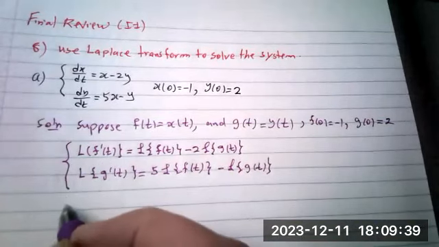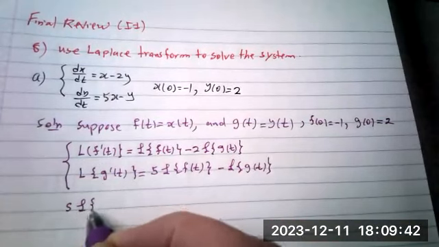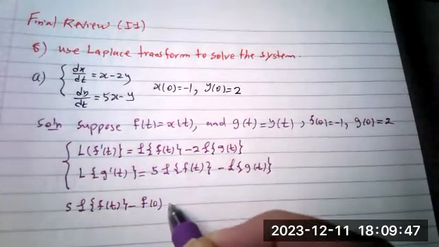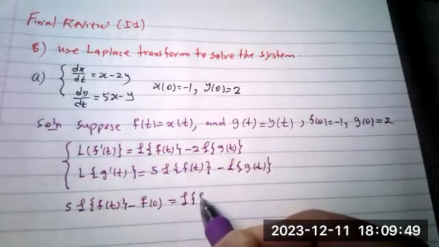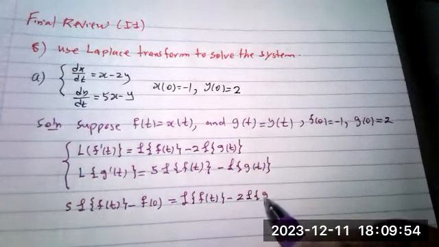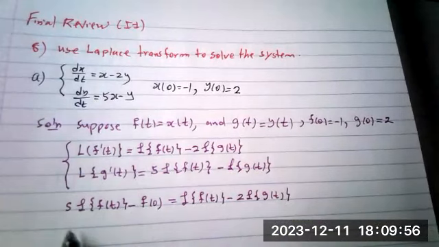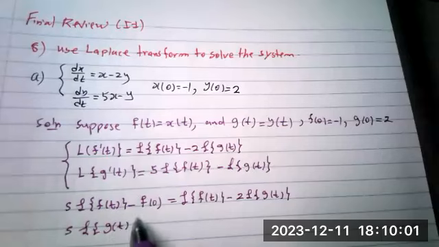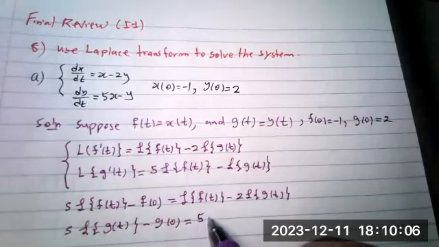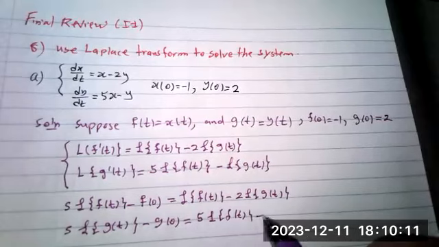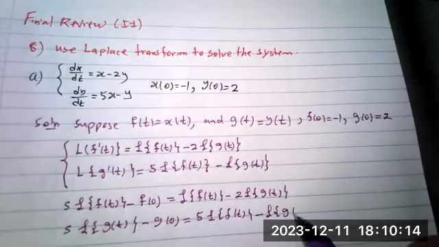The first one would be s Laplace of f of t minus f of 0 equals Laplace of f of t minus 2 Laplace of g of t. And the second one, likewise, is s Laplace of g of t minus g of 0 equals 5 times Laplace of f of t minus Laplace of g of t.